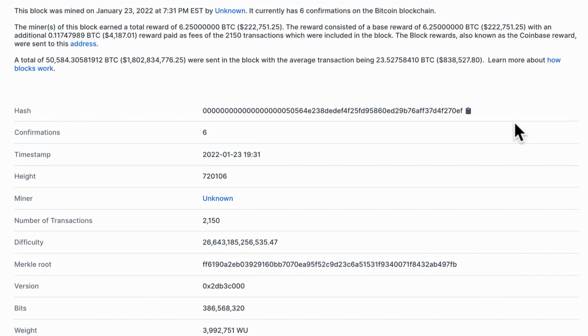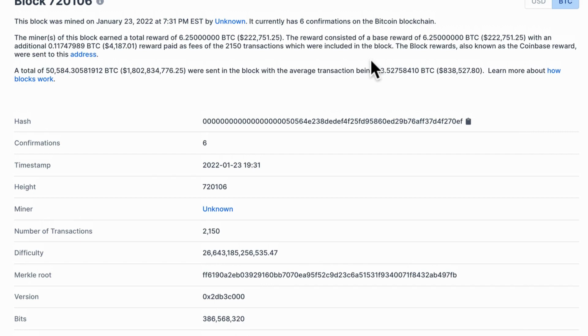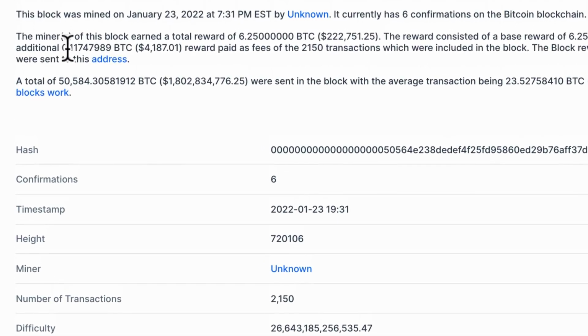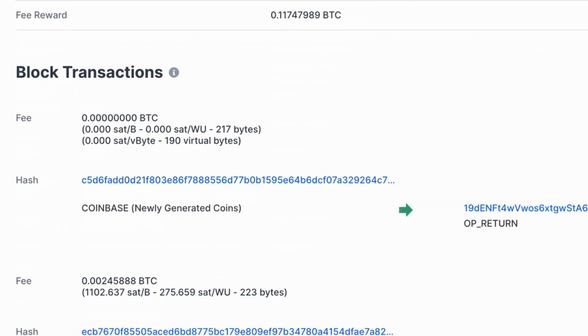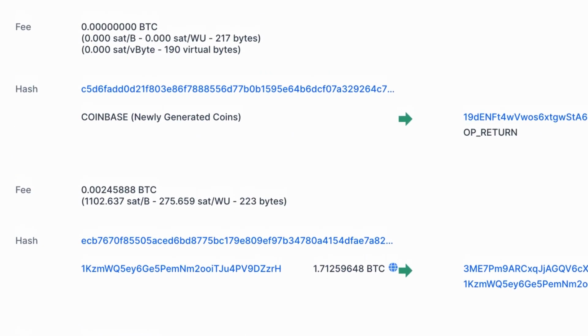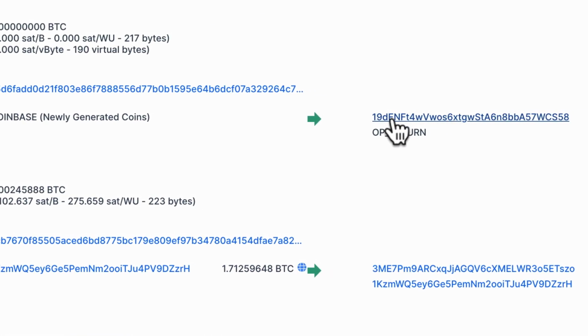Well, if we scroll up, we can see that there is an additional 0.11 Bitcoin worth of fees paid by everyone who did a transaction on this block. And we can see that the Coinbase transaction was sent to this ID here. This ID corresponds to the address of the miner.